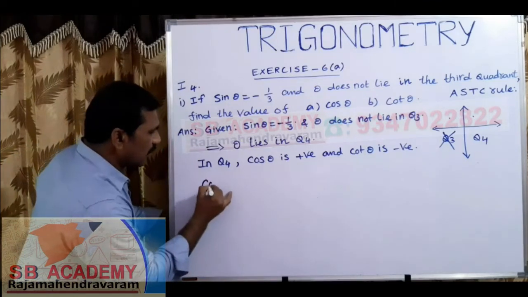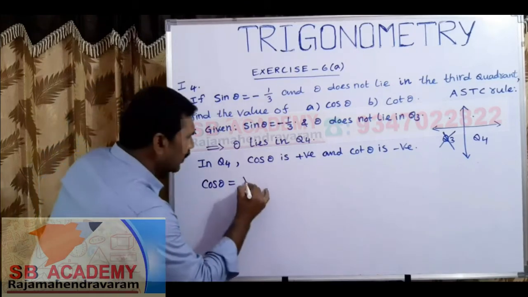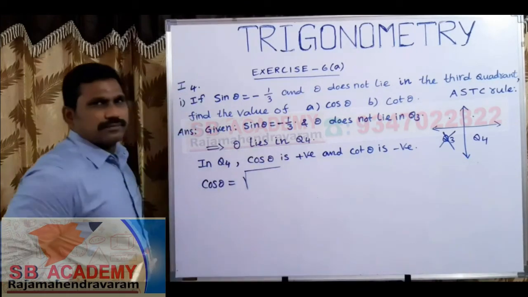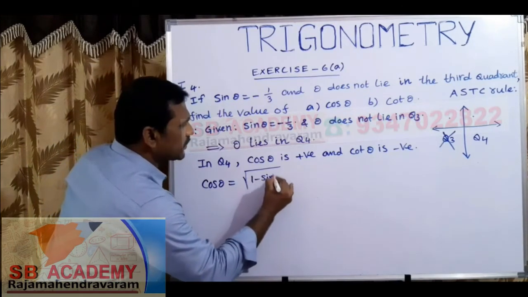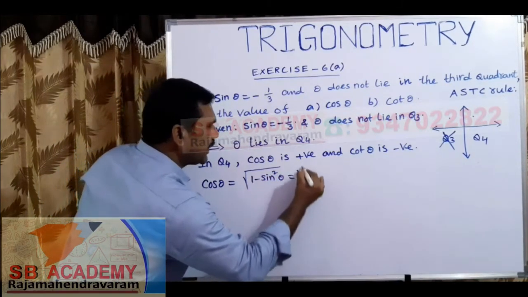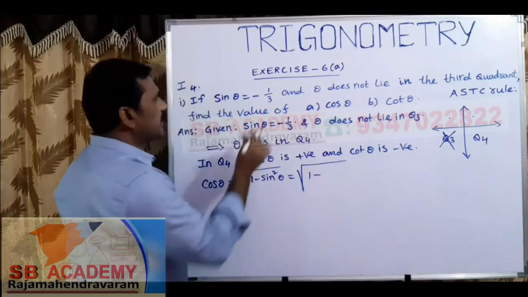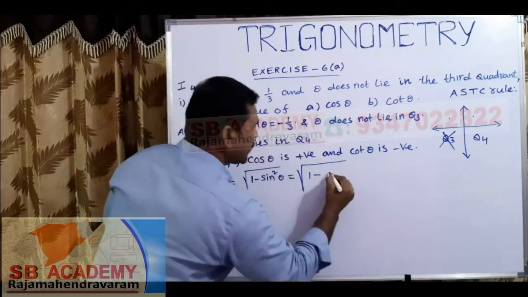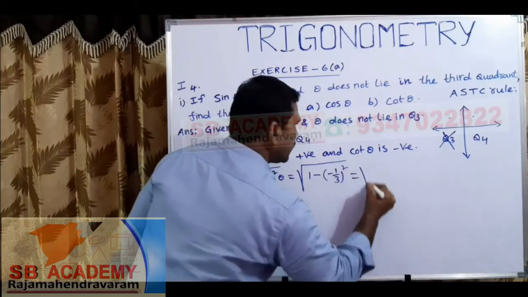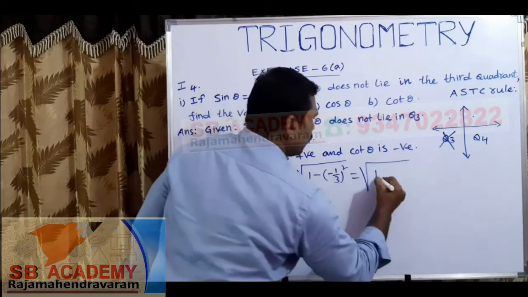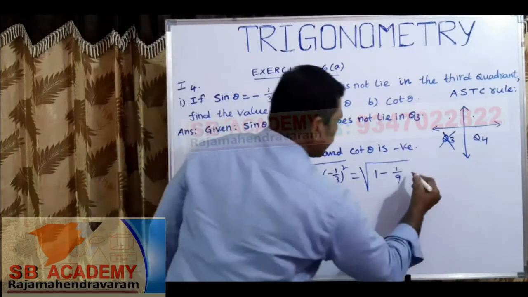Next, what is the formula for finding the cos theta? Root of 1 minus sin square theta, that is root of 1 minus, sin theta value is how much? Minus 1 by 3 whole square, that is root of 1 minus 1 by 9, right?